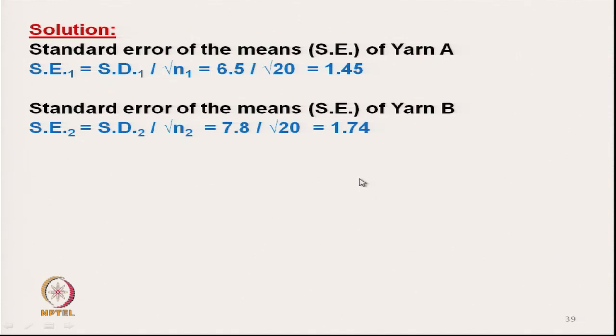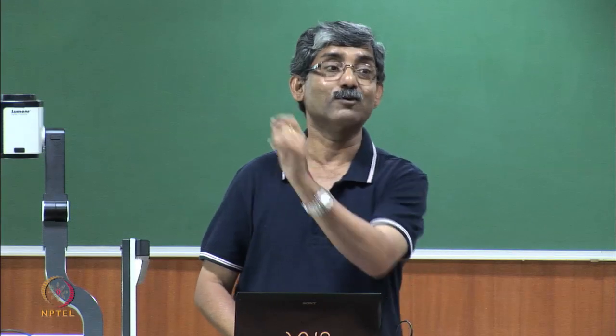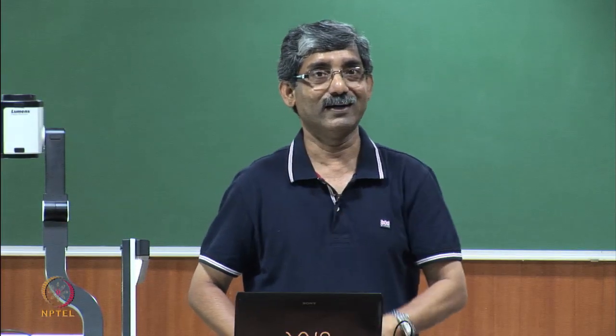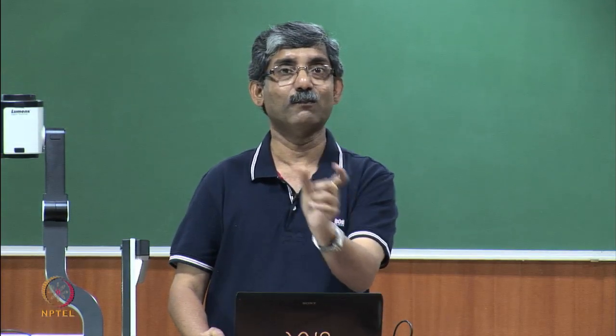Now, what are we doing here? We are trying to calculate the significance of the difference of mean. So, in that case we have to calculate the standard error of difference of mean. It is not the standard error of mean, because our target is to test the significant difference of mean.